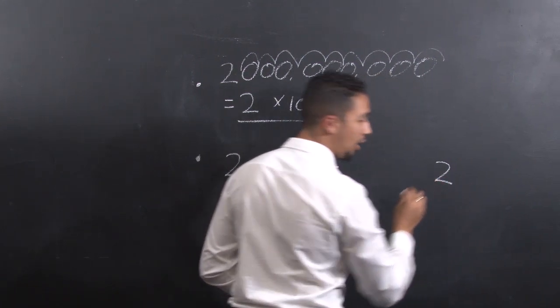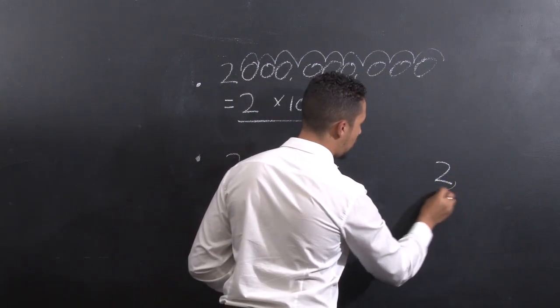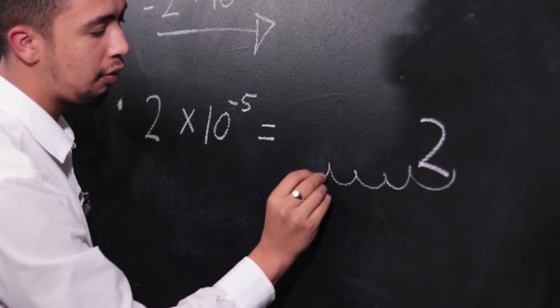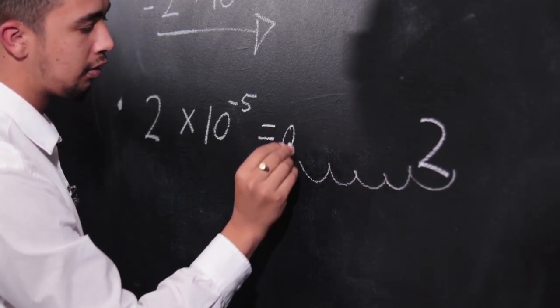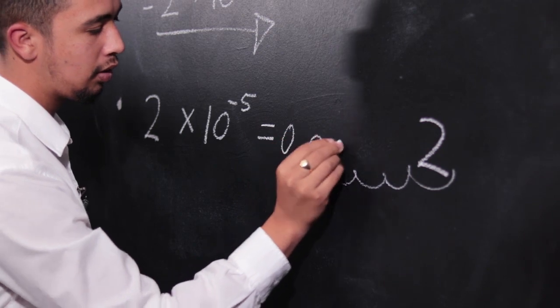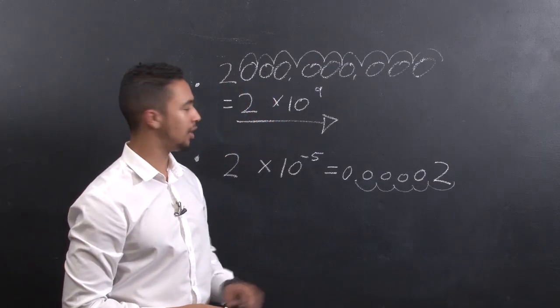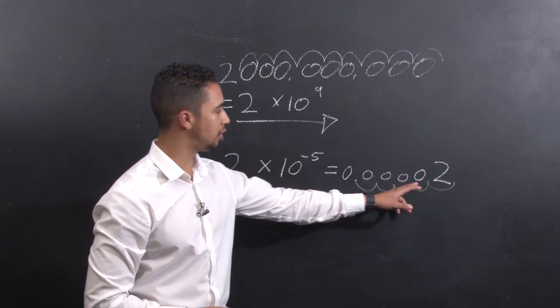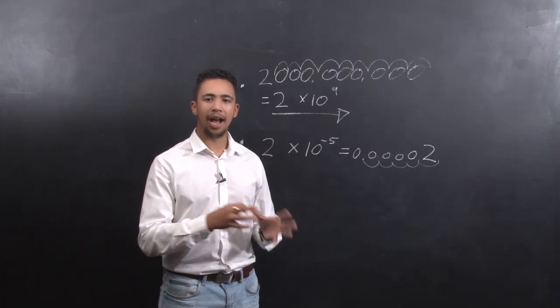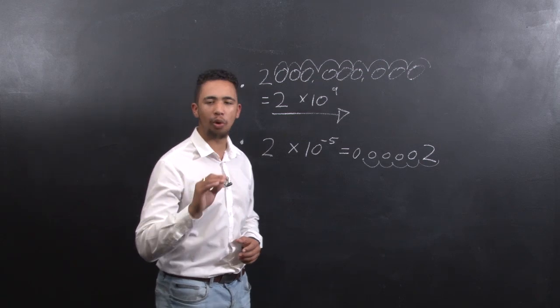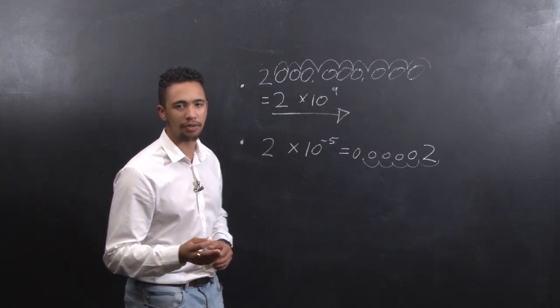Remember, we are counting. Negative 5, 1, 2, 3, 4, 5. 0.1, 2, 3, 4. And that is our answer, 0.00002.